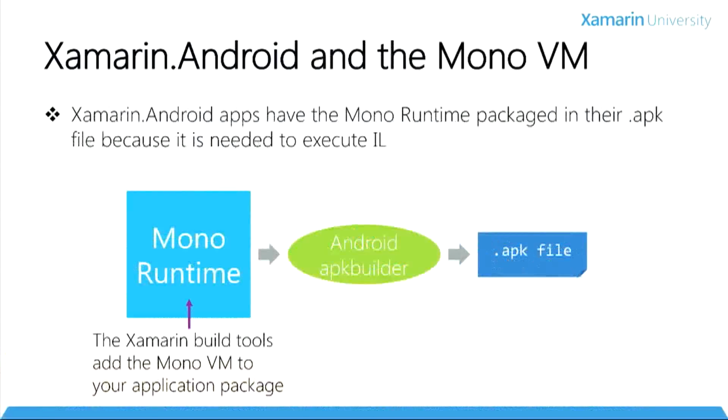So now we have assemblies containing IL code as part of our app. At runtime, we need a runtime engine, an execution engine that can execute IL for us. So the Xamarin.Android tooling feeds the entire mono runtime into the Android build process and includes that as part of your application package.